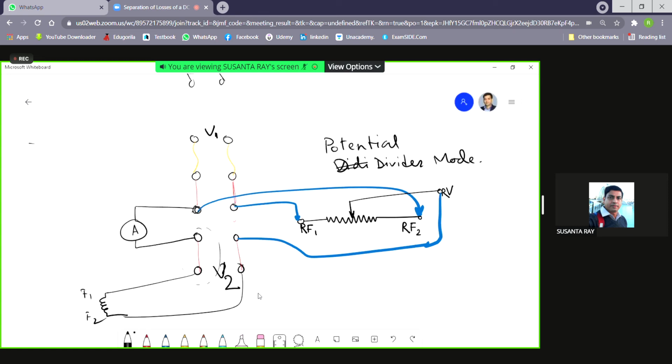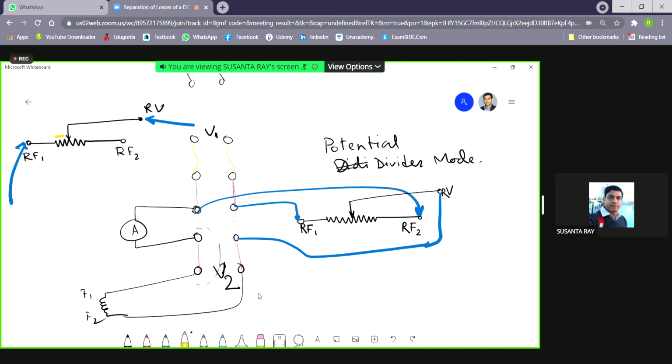And the variable resistance mode I should draw here, because otherwise you will not understand. These two are the fixed ends, and the connection will be made with this and this. In between you will get this part of the resistance. Only this part of the resistance you will get.